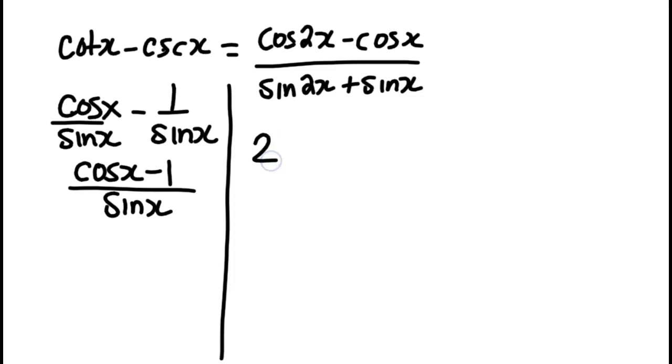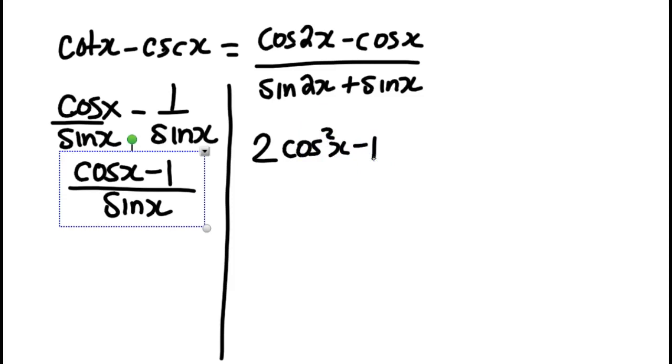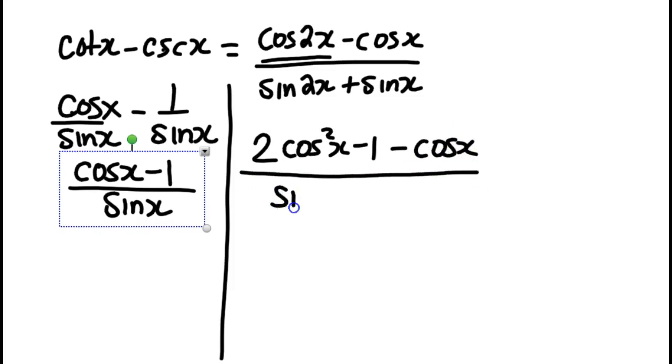It is 2 cos squared x minus 1. Okay, so all I did was replace this piece with 2 cos squared x minus 1, and then we still have minus cos x all over sine 2x plus sine x.